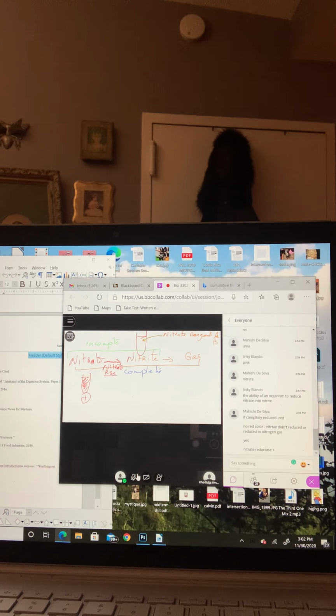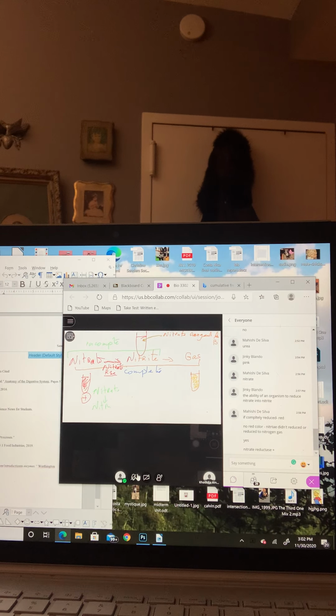And the other possibility, after adding the reagent, is that you get no change in the color, so it's clear. Here, if the tube turns red, the result is positive: the microorganism reduced the nitrate to nitrite.